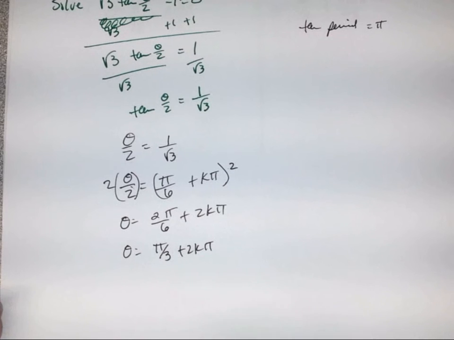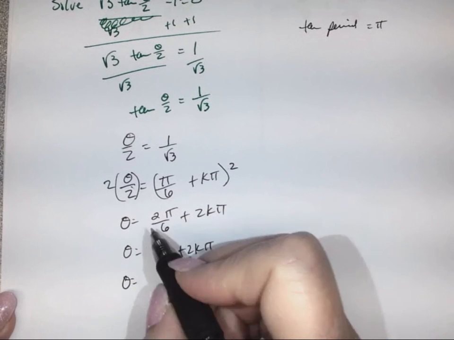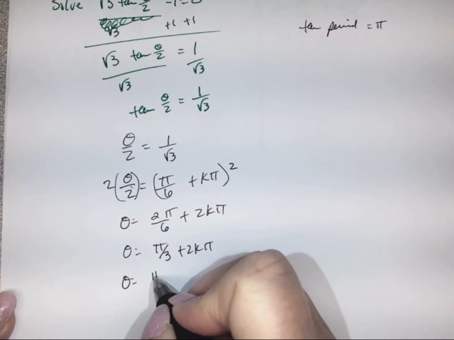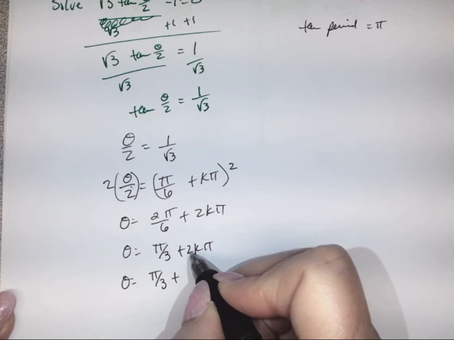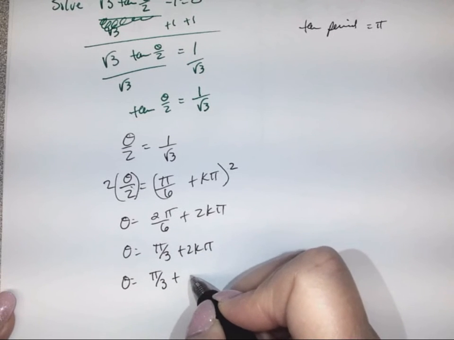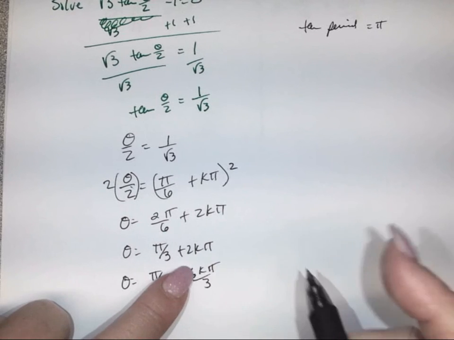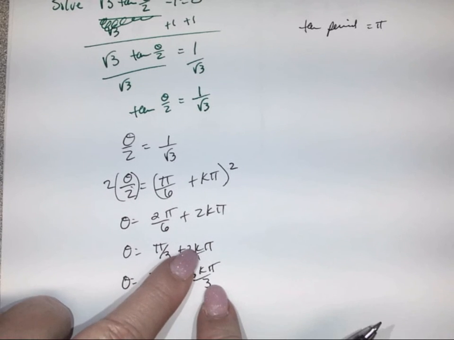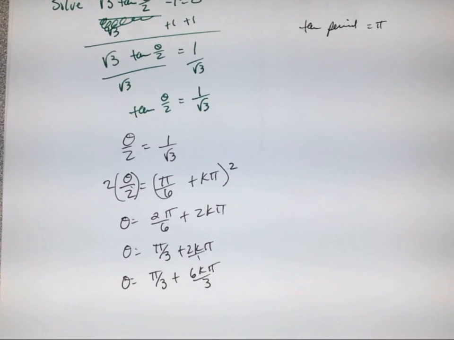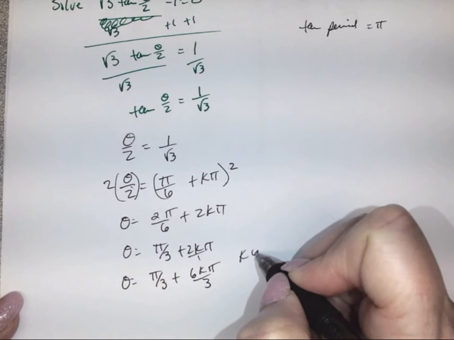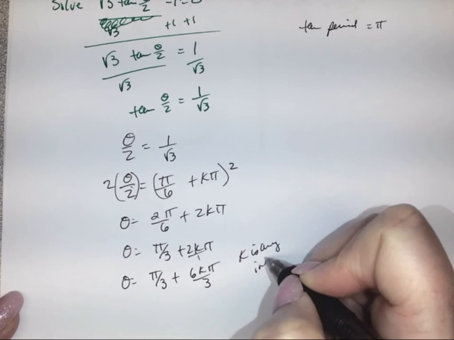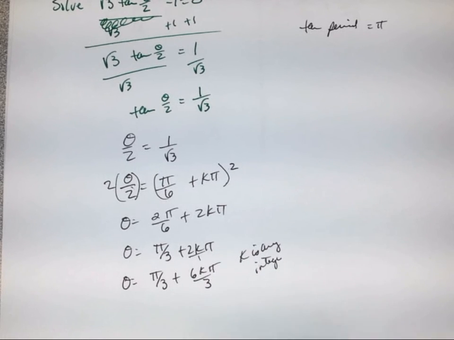But I need that common denominator again, so my theta will be equal to pi over 3 plus 6k pi over 3. Common denominator, remember this is over 1, multiply by 3 on the bottom, multiply by 3 on the top. So now that we have this, and of course k is going to be any integer, that's our general solutions.